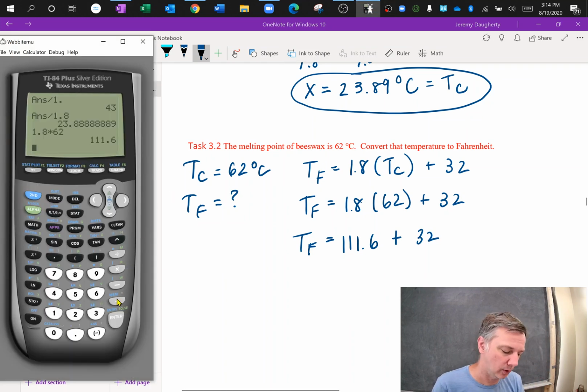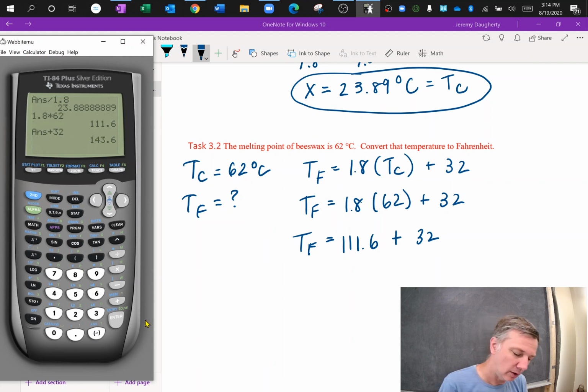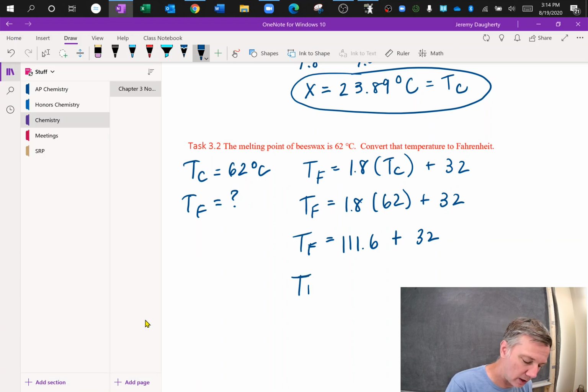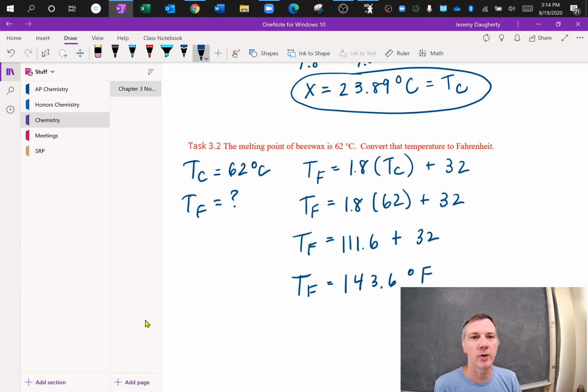So again, if I hit plus, notice answer comes up, so that's using 111.6, so plus 32. So I get a value of, for my temperature Fahrenheit, 143.6 degrees Fahrenheit. So there's an example of Celsius. There's an example of Fahrenheit.